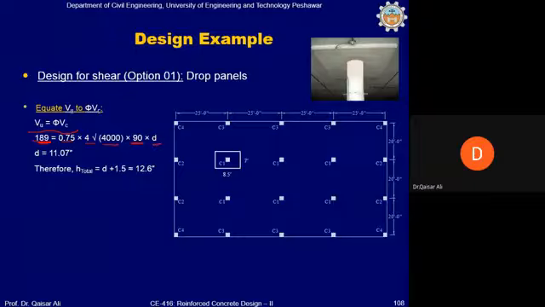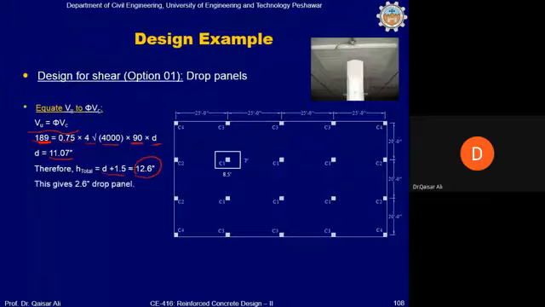What is the required D? H total therefore comes out to be 11. If effective D comes out to be 11.07 inch, then D plus 1.5 should be at least 12.6 inch in order to make phi VC equal to VU. So this is very simple. In this simple manner, you can provide the drop panel. This gives us a 2.6 inch drop panel.